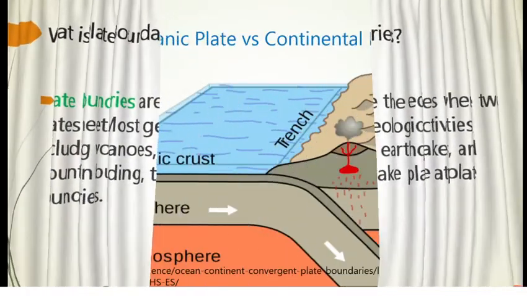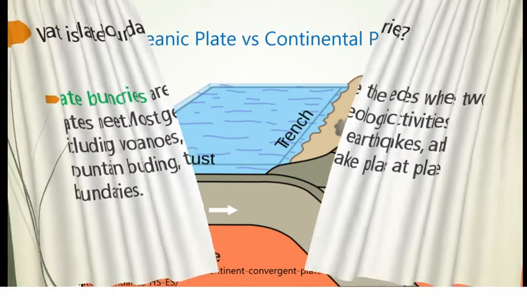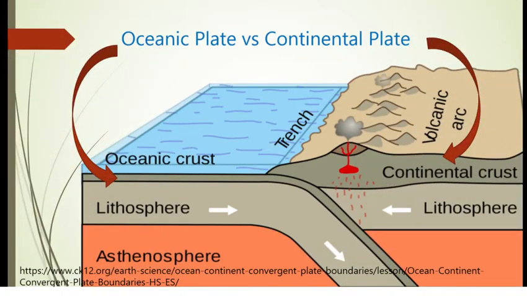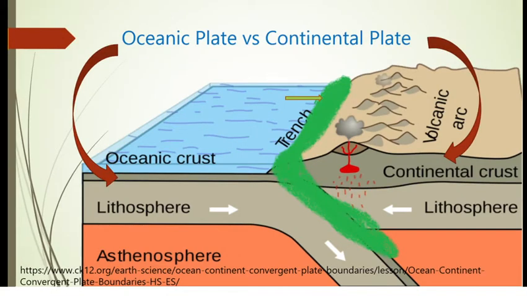Based po dito sa picture natin, on the left side you can see the oceanic plate, and on the right side you can see the continental plate. Then if you look at their movement, they're actually moving towards each other. So kung saan po magtagpo yung dalawang plate, dito po, this green area, that is our plate boundary.